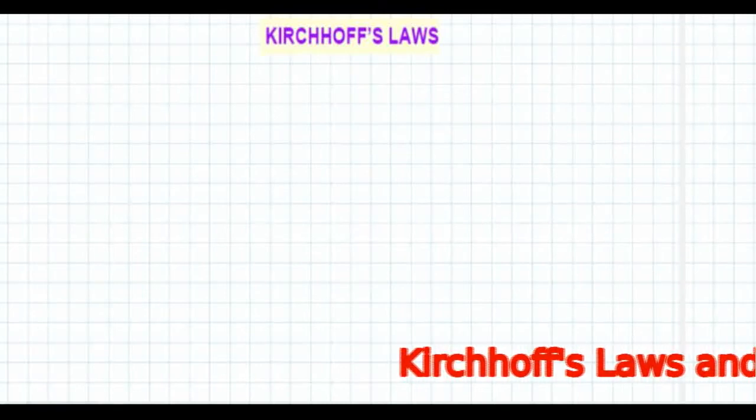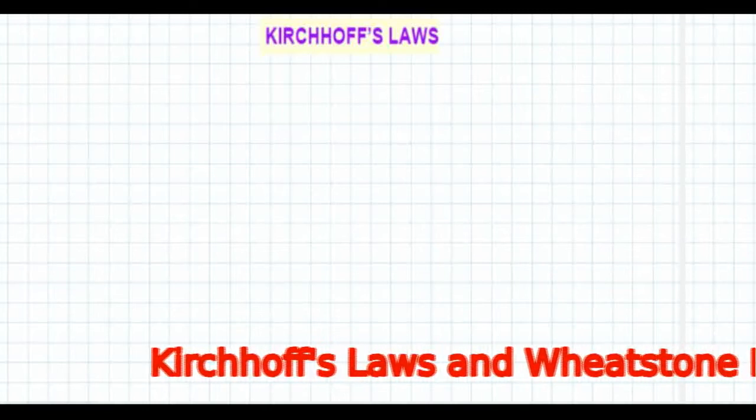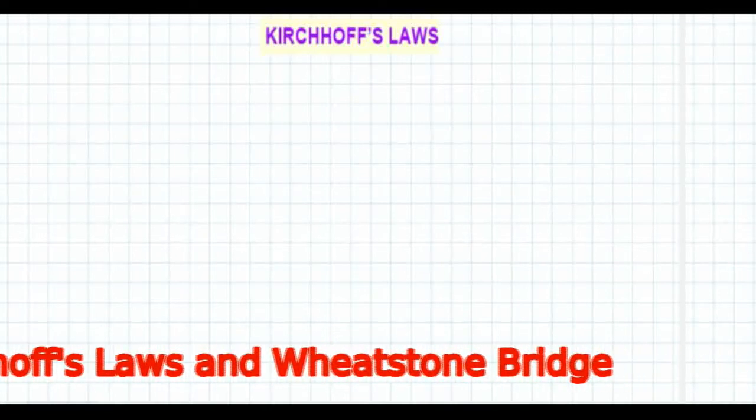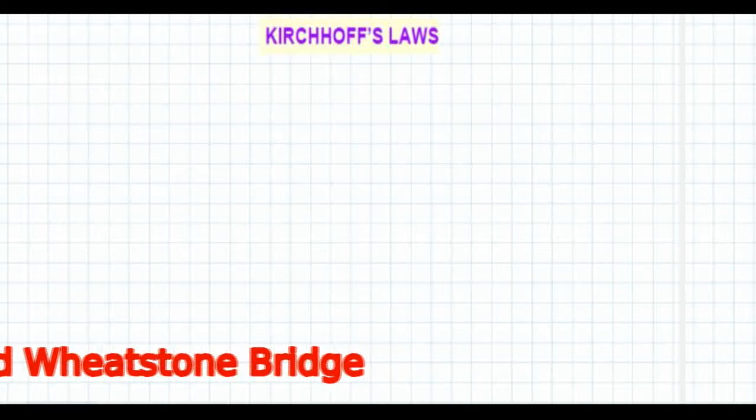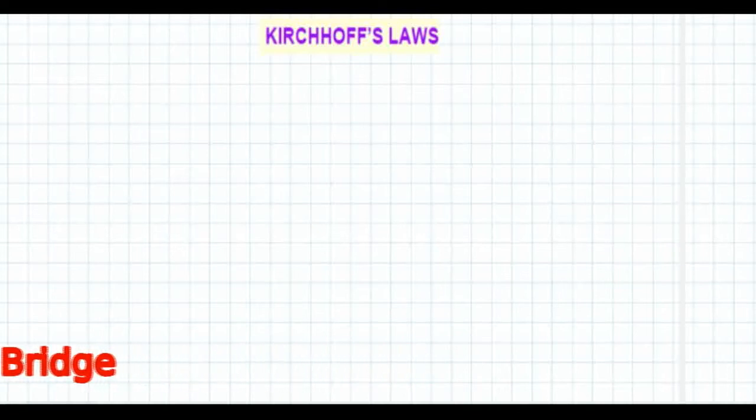But if the circuit is complicated, or if the circuit is like a network, then we need some other law to solve this network and find the current, resistance or voltage across different parts of the circuit. And Kirchhoff's law is one such law that will allow us to find the voltage, current or resistance in a circuit.